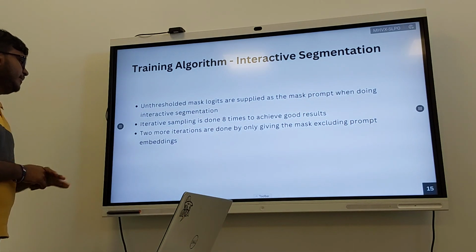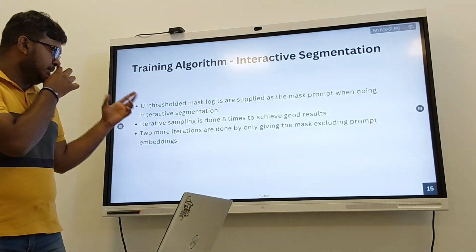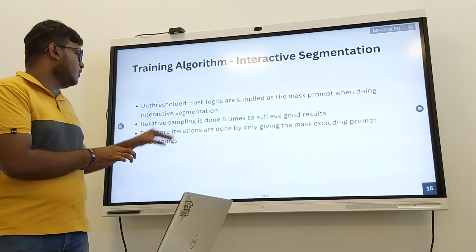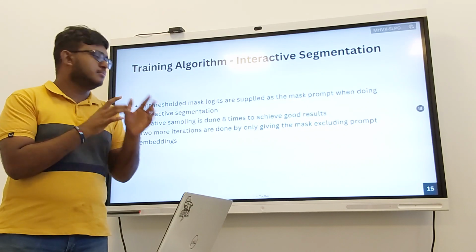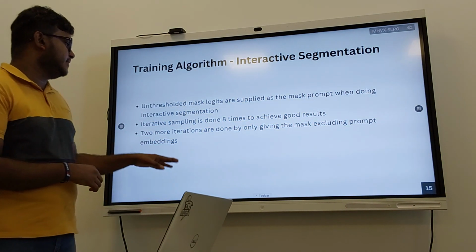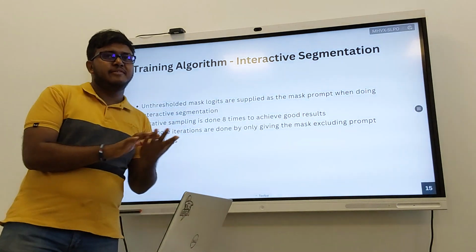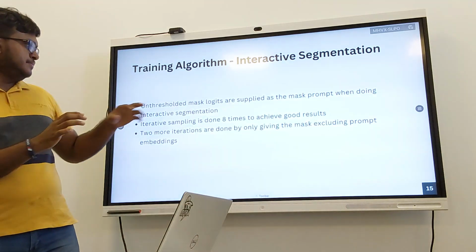The iterative sampling is done 8 times to achieve good results. They tried up to 16 times and found that 8 is the optimal value. They also do 2 more iterations where no prompts are given, only the mask.